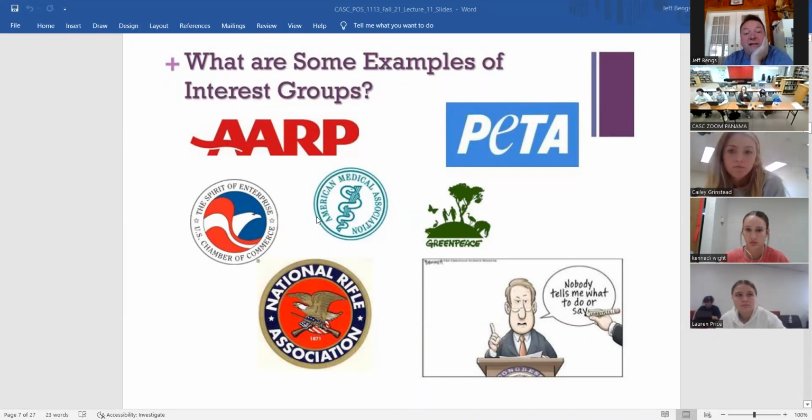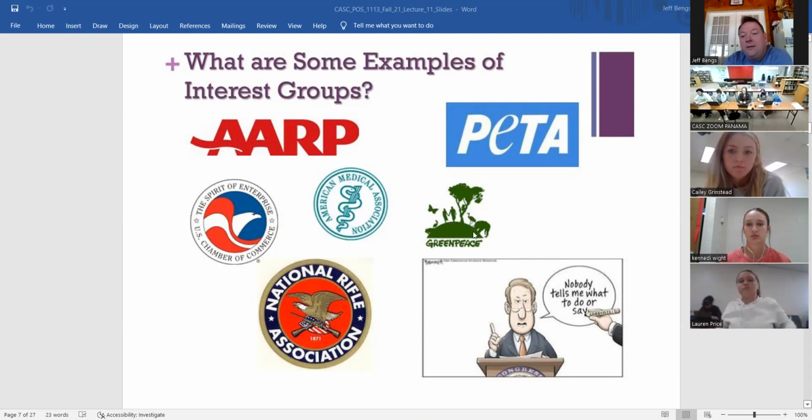There are some groups like the American Medical Association that represent people in the medical field, doctors and nurses, and try to get legislation and policies passed that will benefit them.